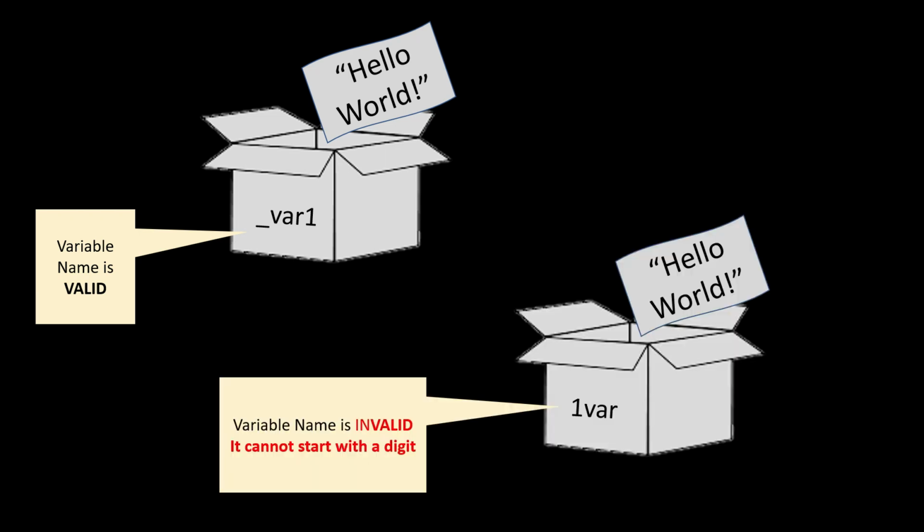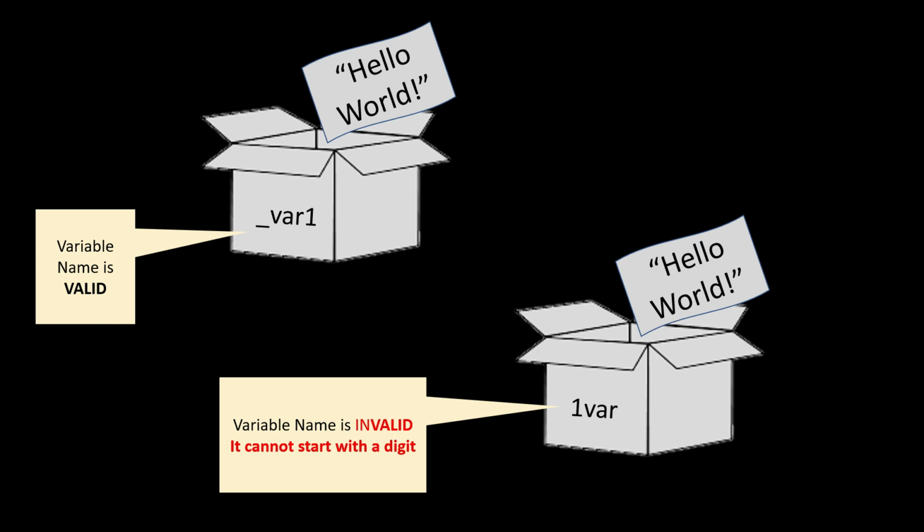In Python, a variable name can have any English alphabet, digits 0 to 9, and an underscore. But remember, it cannot start with a digit. By the way, in Python, variables are also called identifiers. Do you know that? Let us now see a few examples.